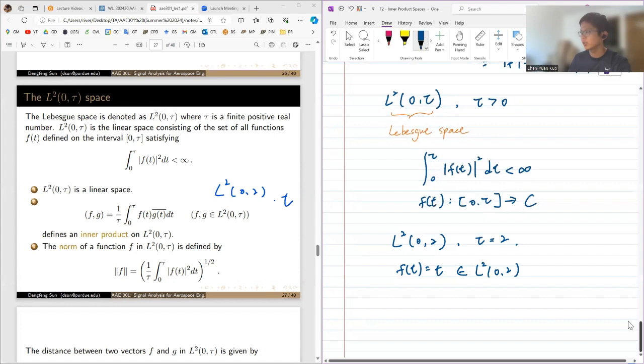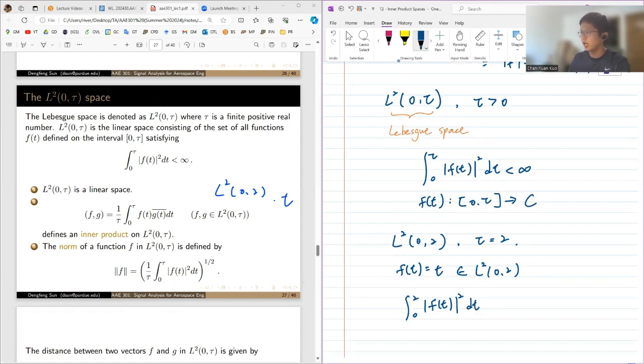And now let's show that. For this function to be inside this space, it will have to satisfy the integral inequality that we have just seen. So let's see if this function satisfies that inequality. We look at the integral from 0 to 2 of the square of the absolute value of f(t) dt.